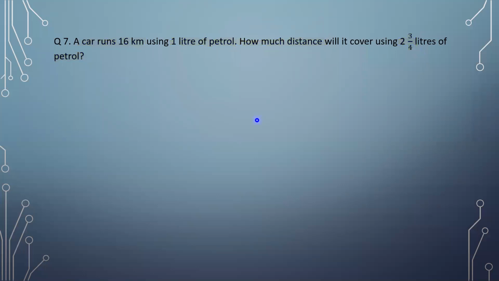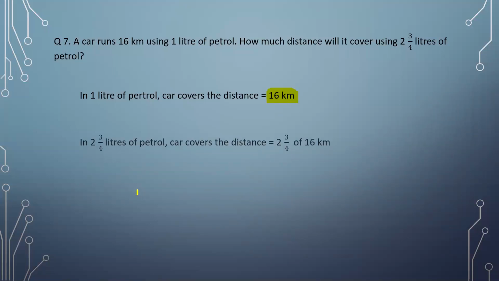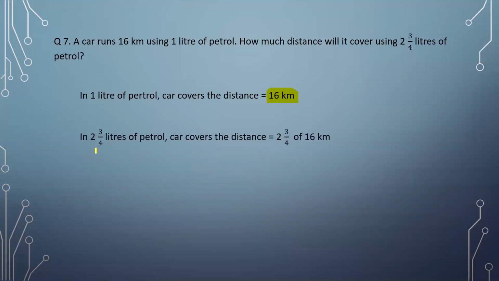Now, in the same way, we have to calculate that. For 1 liter of petrol, the car covers a distance of 16 kilometers. The total petrol available in the car is 2 3/4 liters. So in 2 3/4 liters of petrol, the car covers a distance equal to 2 3/4 of 16 kilometers.